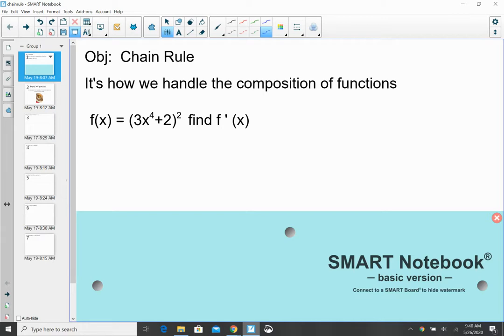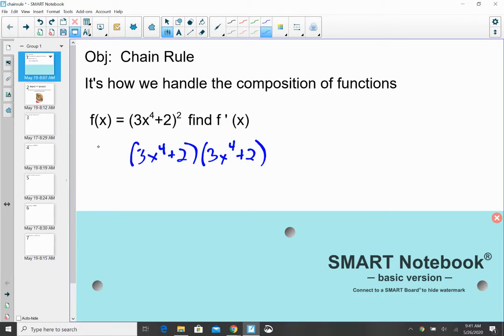If we were to try to take the derivative of this function, we would have to take the 3x to the fourth plus 2 and write it out twice. Then we'd have to use the product rule.